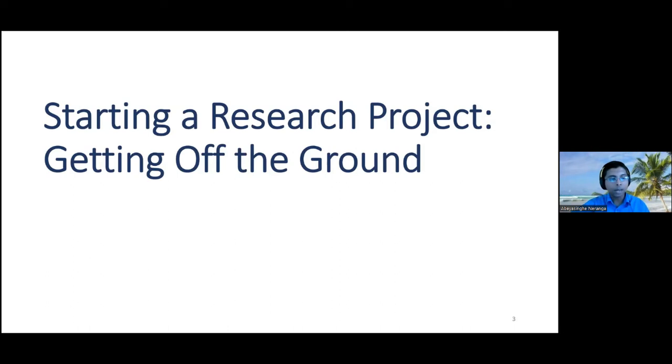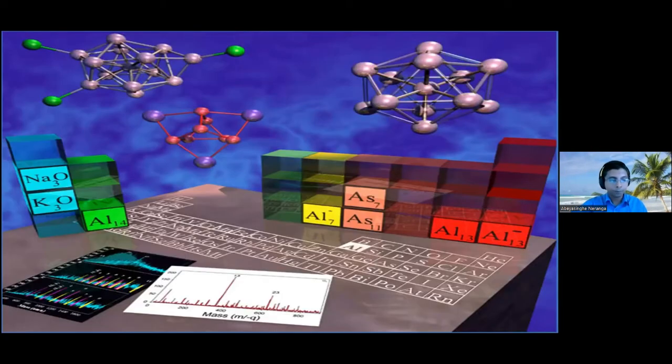Right. So I will start with a very nice picture. You guys probably are familiar with this two-dimensional diagram, which is known as the periodic table. But there's an additional dimension that you can find, which you probably may not have seen before. This additional dimension is actually coming from cluster science, or cluster chemistry, I would say.